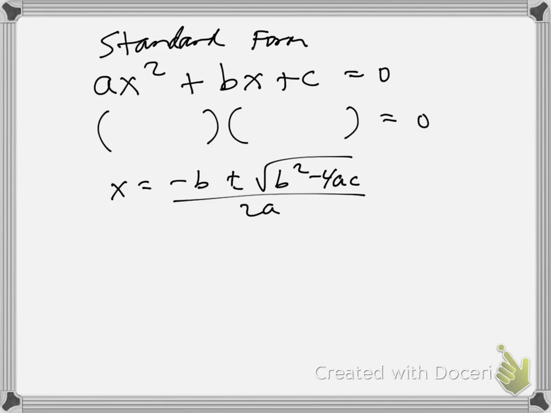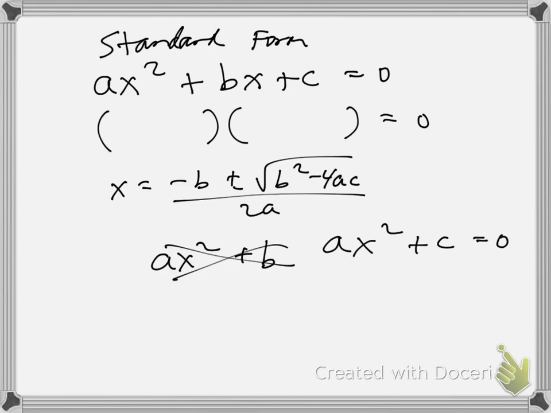And there is one other kind of quadratic equation in which you have ax squared, and there's no linear term in the equation. Without a linear term, we can always just solve for the x squared.